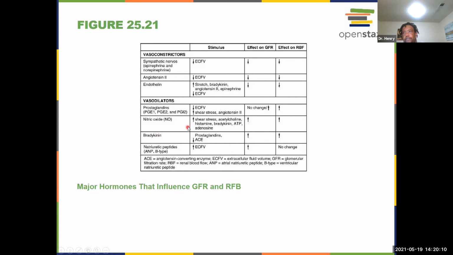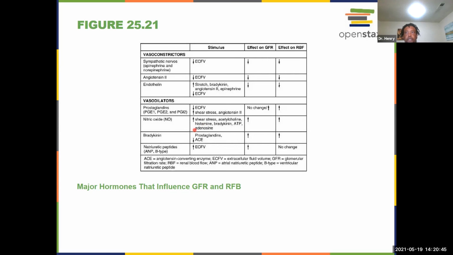In the case of prostaglandin, even though we get a decrease in our ECFV, we're going to have no change or little change to the GFR, but the RBF is going to go up. So we're going to have an increase in our shear stress in that situation. We're also going to get an increase in the angiotensin too.